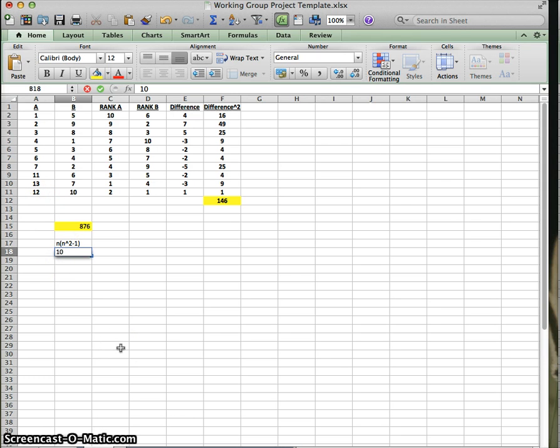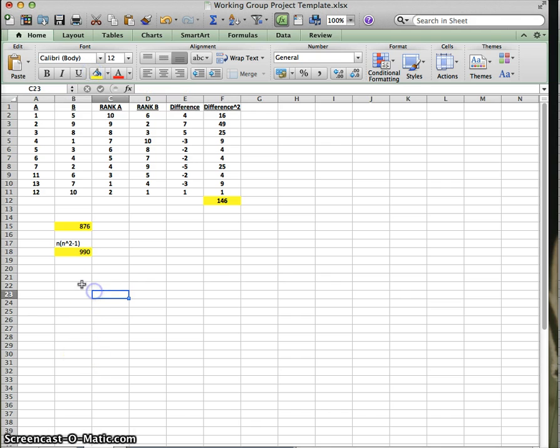So we go equals 10, and we're multiplying. Then we do our order of operations: 10 again, instead of squared we just do times 10, because 10 times 10 is 10 squared, times 10, and then subtract 1. Luckily Excel does the order of operations for us, and that gives us 990.